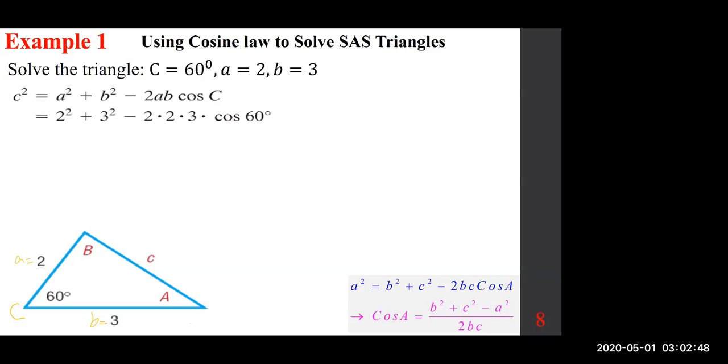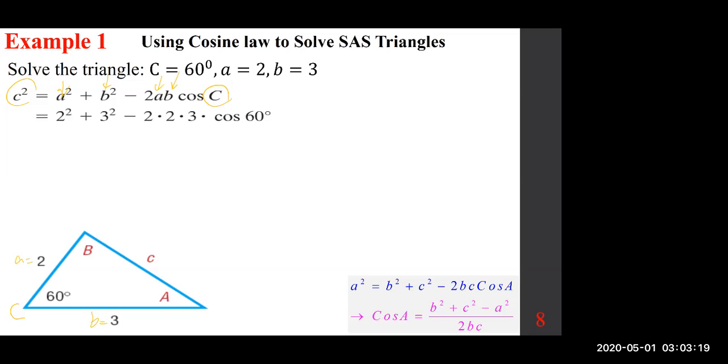Now please understand, class, A squared equals B squared plus C squared minus 2BC cosine A, or C squared equals A squared plus B squared minus 2AB cosine C. What you need to remember, if it's helpful, you see this one goes together with this one, and then these are other variables. As long as you know one of them, I think the other ones shouldn't be too bad.